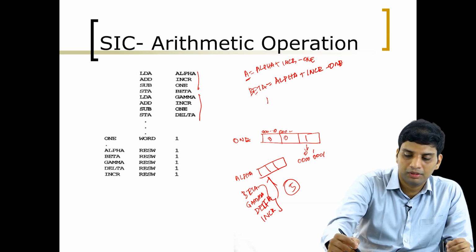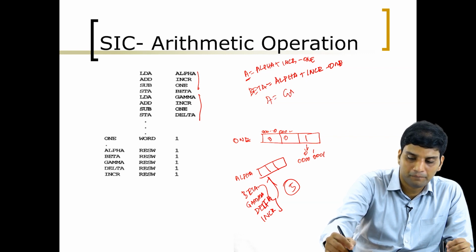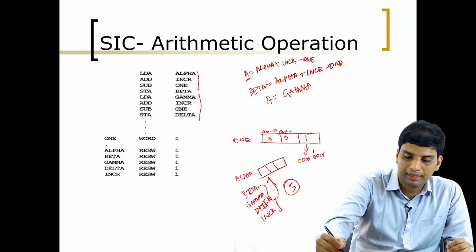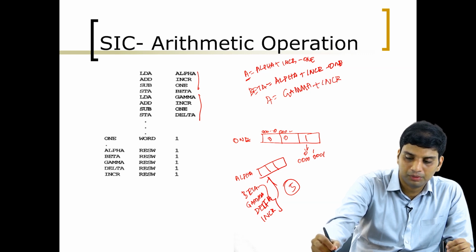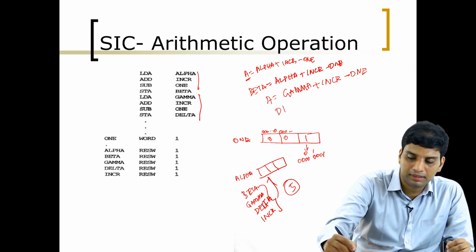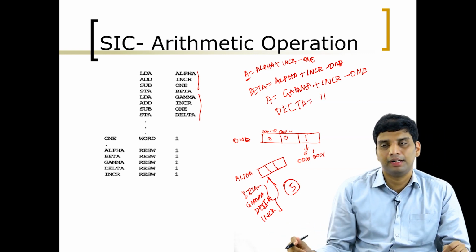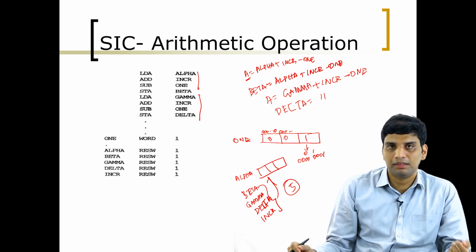Into the accumulator I am loading gamma. Then add INCR, then subtract 1. Store into delta. So delta is equal to, same thing, gamma plus INCR minus 1.